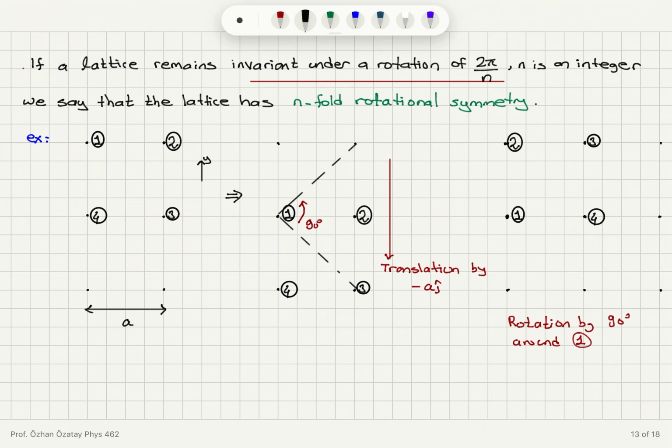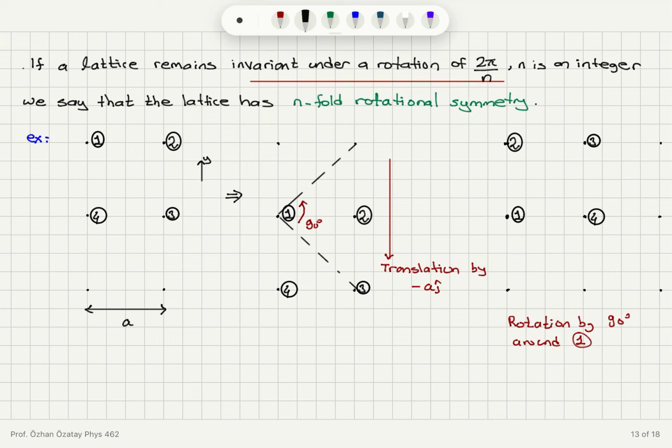So if a lattice in general remains invariant under a rotation of 2 pi over n, where n is an integer, we say that the lattice has n-fold rotational symmetry. So in this example, I have taken the square lattice and translated it by minus a j hat, so that I map the lattice into itself, but 1, 2, and 4, and 3 are now at the bottom side.